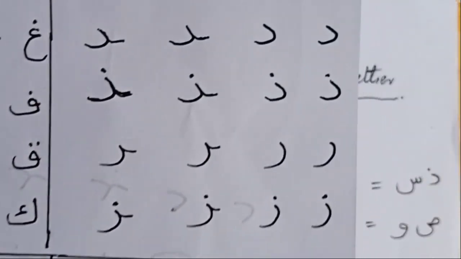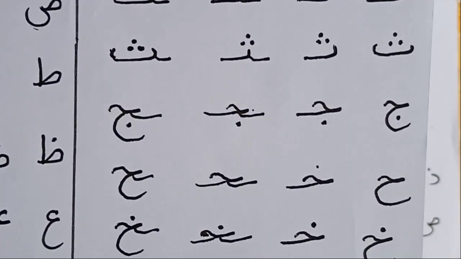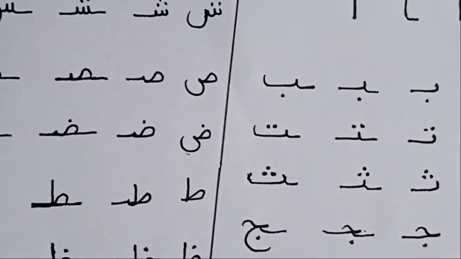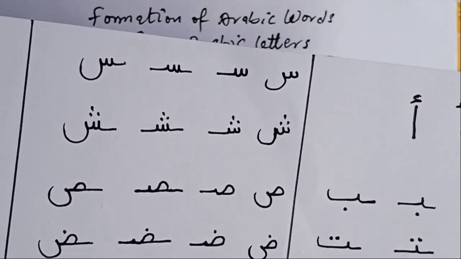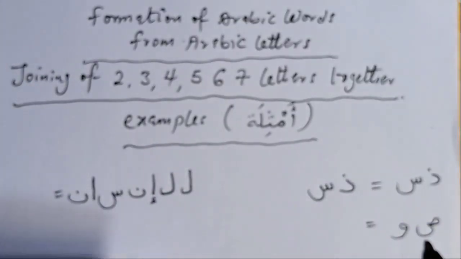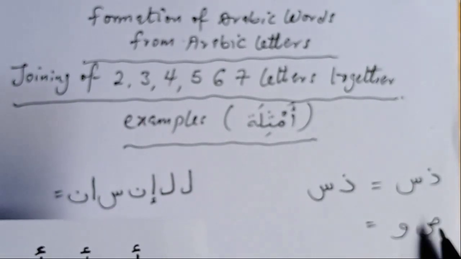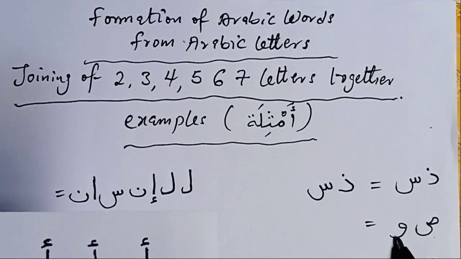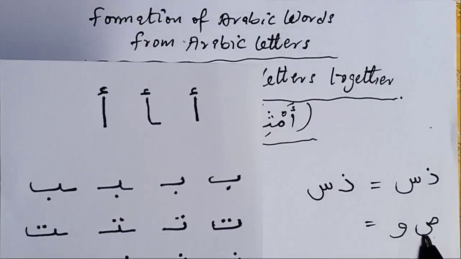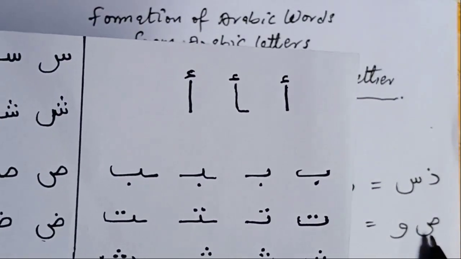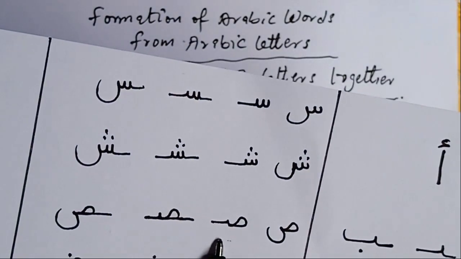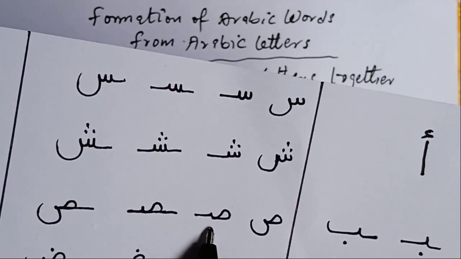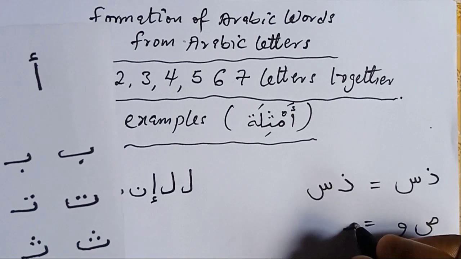So to do this, we make use of the first letter, which is the Sad. We said they will be joined together, and we consider the Sad to be the beginning of the word, and the Waw to be the end. So we look at the Sad that begins the word, which is this very one, and we make use of this for the first part.